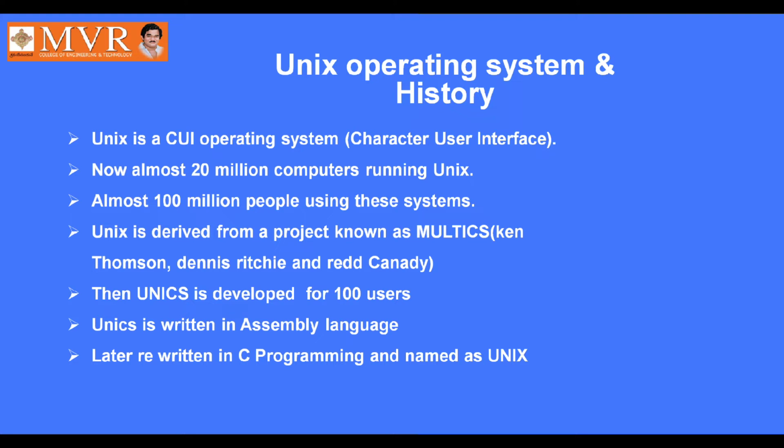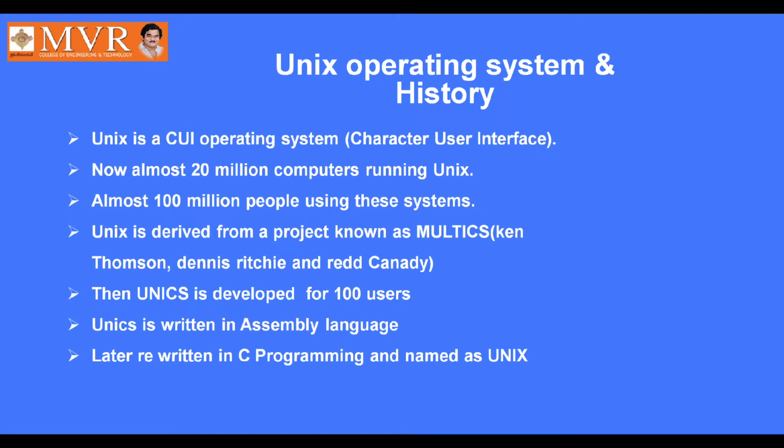What is the purpose of this project? The main aim of the Multics project is to share the same data by n number of users at the same time. So a data can be shared by n number of users at the same time.